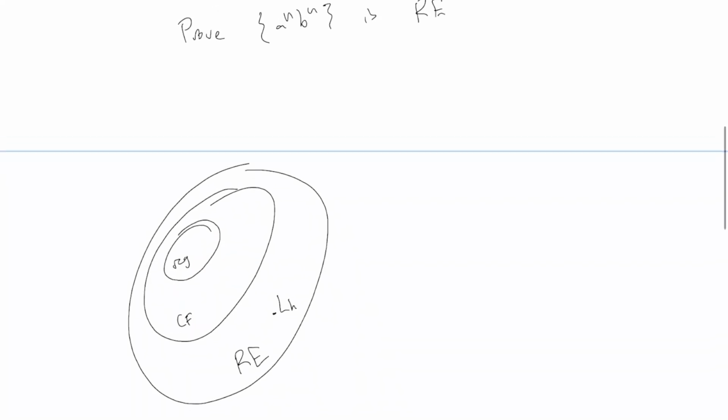Here's regular, here's context free. A to the N, B to the N is actually context free, so it's automatically RE for that reason. It's even more restricted. Maybe you're imagining RE contains something like the language of the halting problem. What's interesting about that is that it's RE, but it's not in any of the lower categories. But even the more ordinary languages are all in these lower categories, and they're also RE.